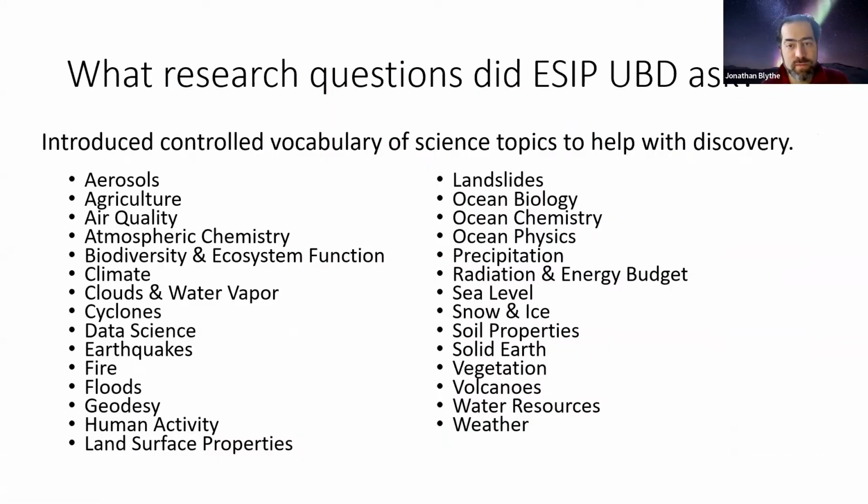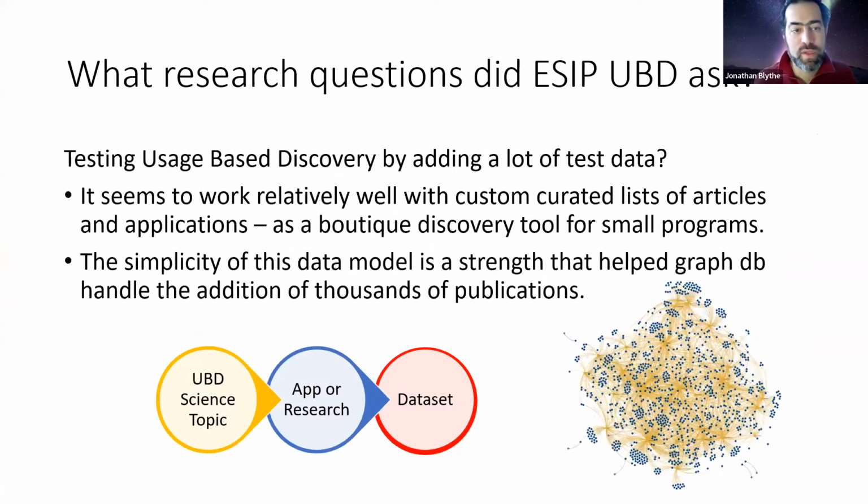So I'll breeze through the rest of my slides since we lost some time there, but basically we came up with this controlled vocabulary of science topics that's broad, covers all different applications from earth science. We tested it by, we pivoted from applications to research articles because there's a known relationship between a research article and the data set through the DOI.